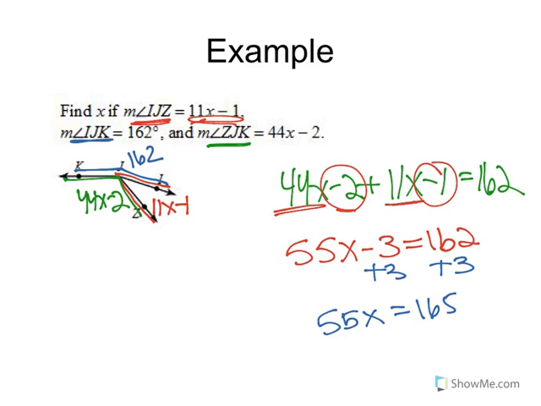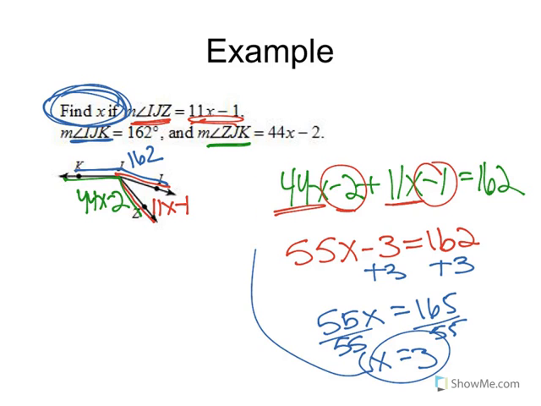Again, I'm going to take my handy-dandy calculator. We're dividing by 55, I didn't write that down, sorry, and x equals 3. And that's all we're doing is finding x. Be careful because sometimes it'll say find one of the measures, and so you'd have to put that 3 back in, but we're not doing that at this point.